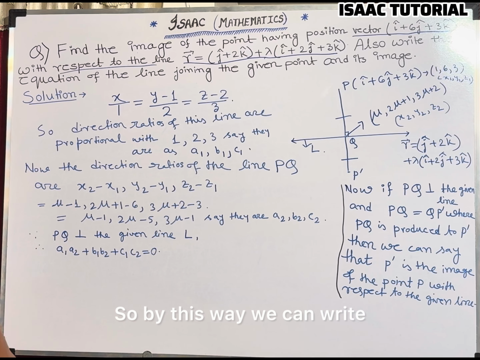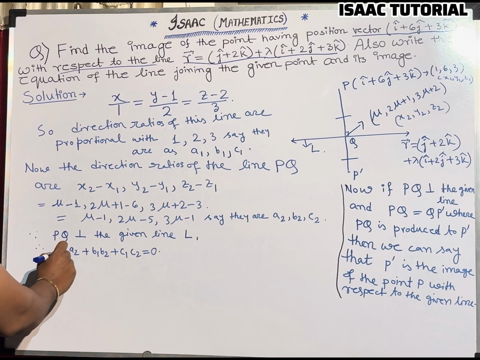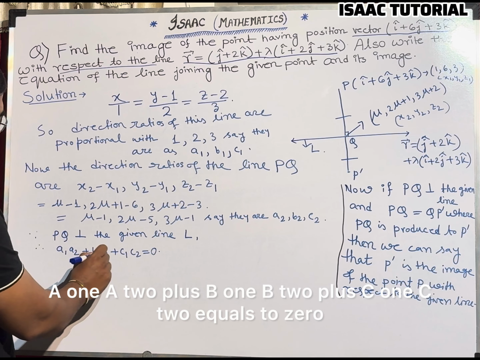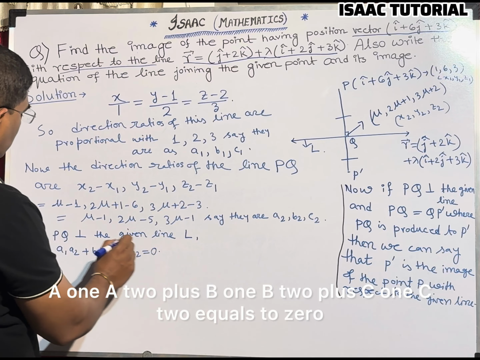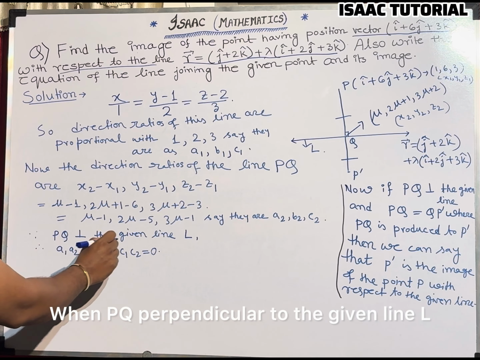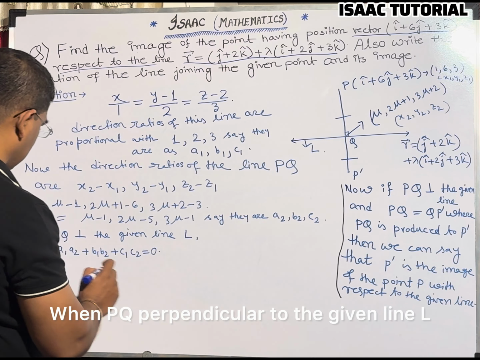So in this way we can write A1 A2 plus B1 B2 plus C1 C2 equals 0 when PQ is perpendicular to the given line L.